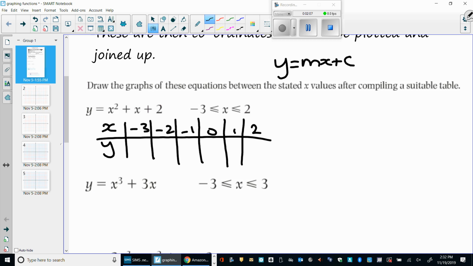You're allowed to use them, but not everyone has them. Because we have them, if you're asked to plot something, you'll probably be asked to complete a table of values like this anyway, but you can stick it into your calculator to see what it should look like. So when you've got your points and you've plotted them, you double check to see if you've done it correctly.